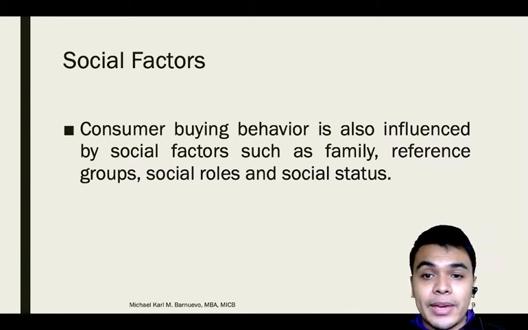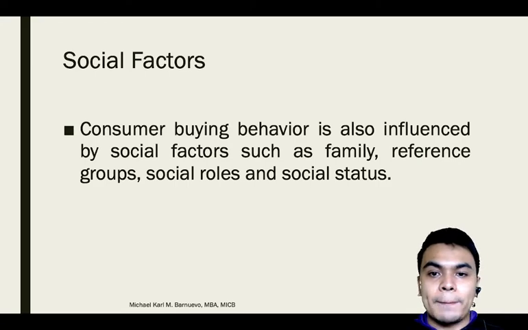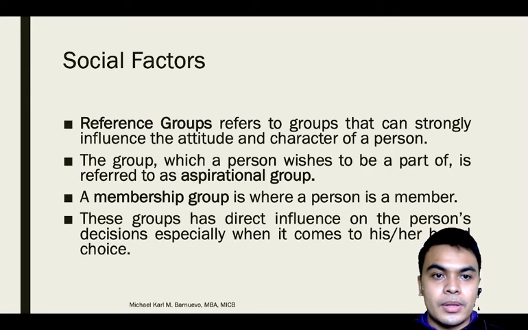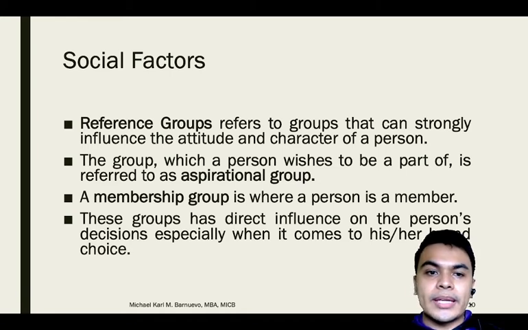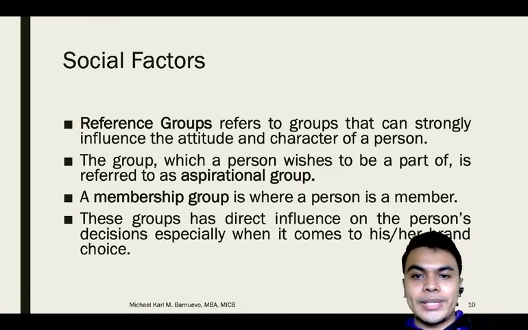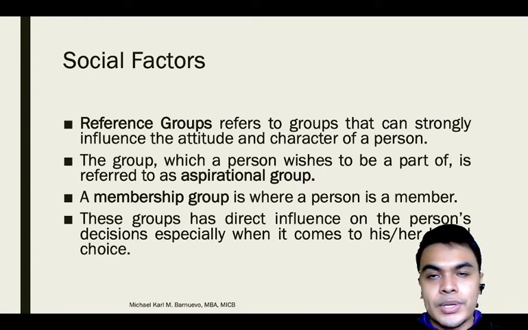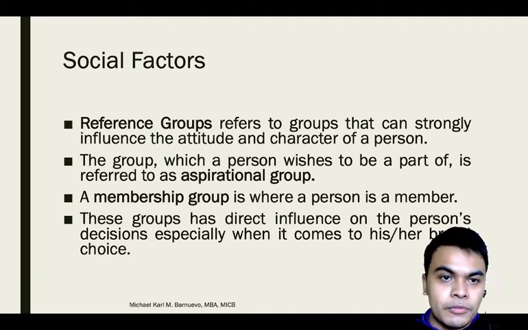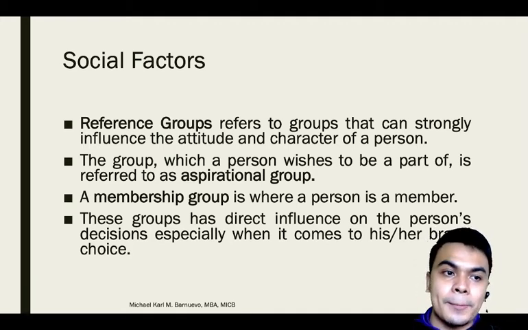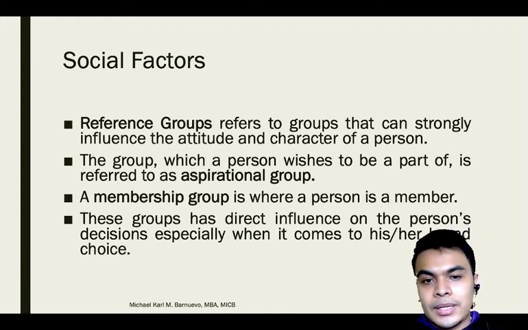Consumer buying behavior is also influenced by social factors, such as family, reference groups, social groups, and social status. When we say reference groups, this refers to groups that can strongly influence the attitudes and character of a person. For example, we see this on Facebook, the Facebook groups, a group of people sharing the same interests or beliefs.